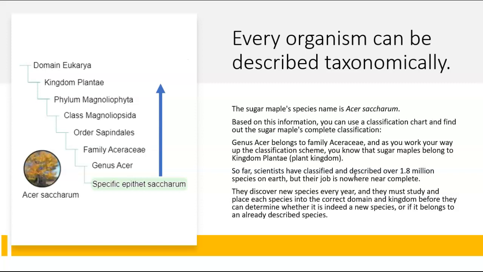There are millions more species that need to be discovered and classified. Or maybe it's part of a species that already exists, maybe a subspecies, and they do belong to that species. That happens too.